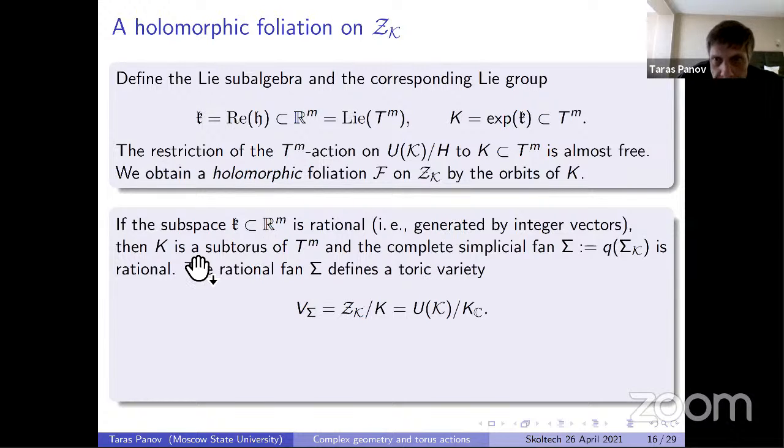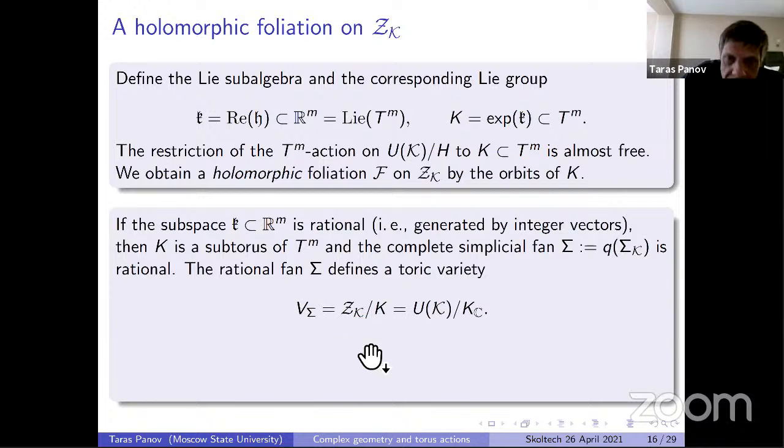But if K itself is a subtorus, then the orbits, of course, are closed, and you have an almost free action of a subtorus. And the quotient by this almost free action is precisely the toric variety. Or it may be an orbifold if the action is not free, but nevertheless, it's just a very nice toric variety corresponding to your rational, in this case, rational complete simplicial fan.